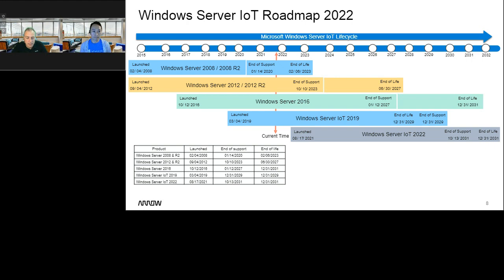So if you're building some type of appliance that would require a server operating system and you want it to be around and supported for many, many years, the IoT embedded channel is the way to go. And then we launched the new Server IoT 2022. It launched in August. And certainly a lot of customers are interested in it, starting to test it, and we'll jump into those features in a little bit.